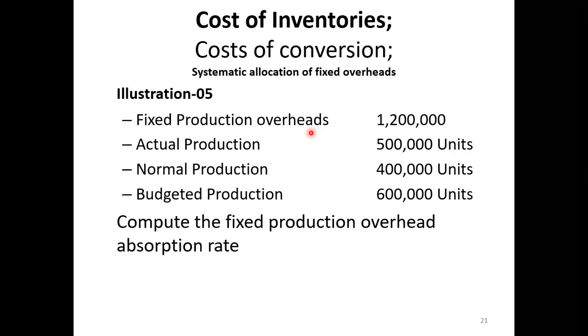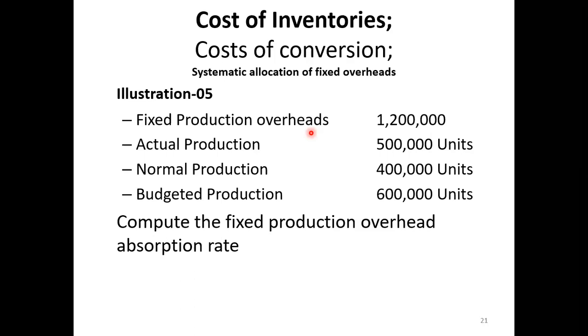Now you can observe the fixed overhead cost per unit will be reduced. Earlier, if you calculate based on the normal production, the absorption rate was 1.2 million divided by 400,000, equal to 3 rupees per unit.